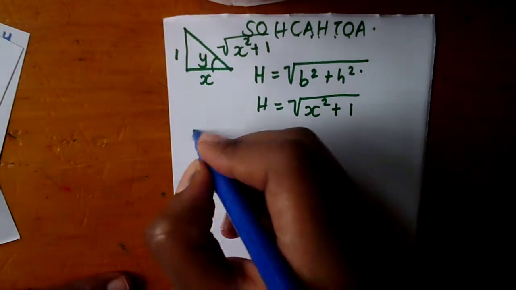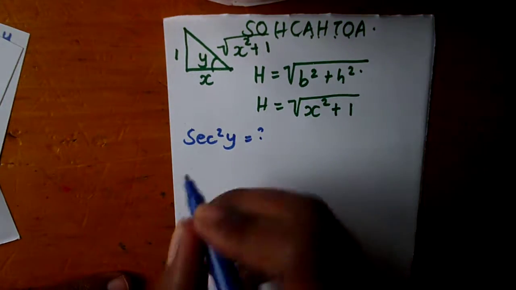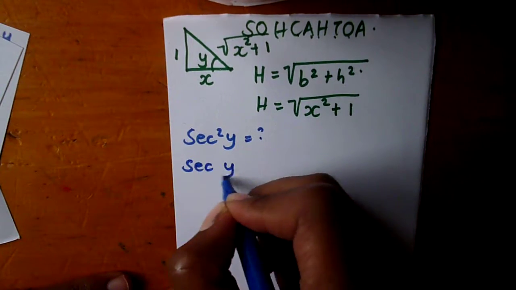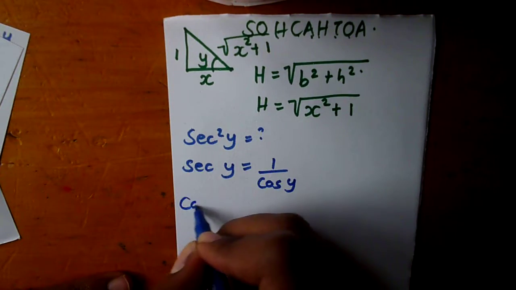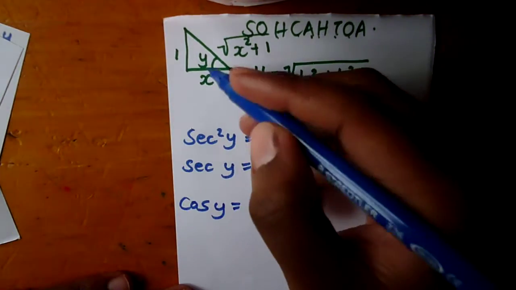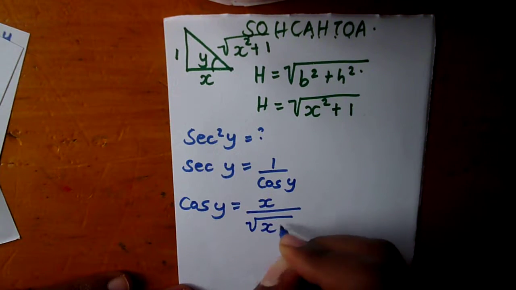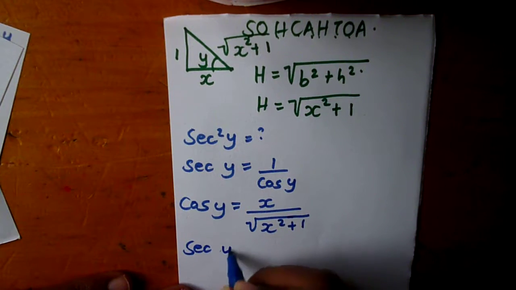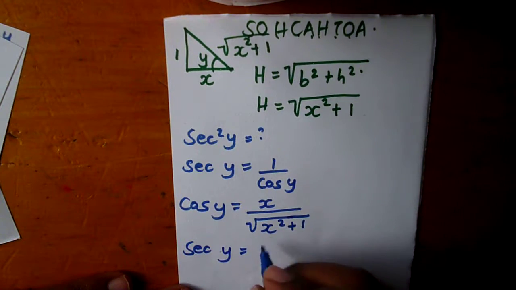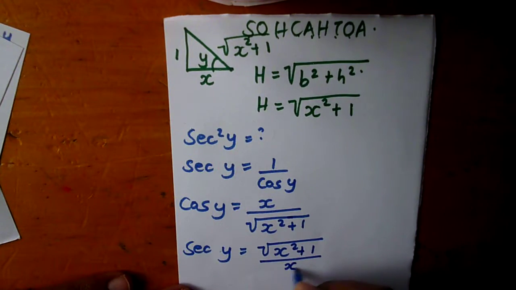So what is the value of sec squared y? We'll have to get the value of sec y first, which is the same as 1 over cos y. cos y in this case will be adjacent over hypotenuse, x all over the square root of x squared plus 1. So sec y will just be the inverse, the square root of x squared plus 1 all over x.